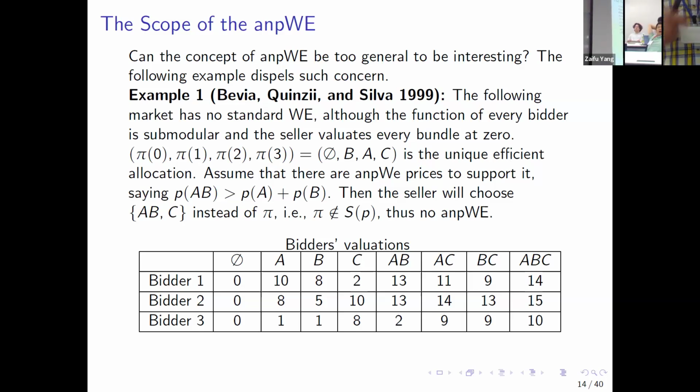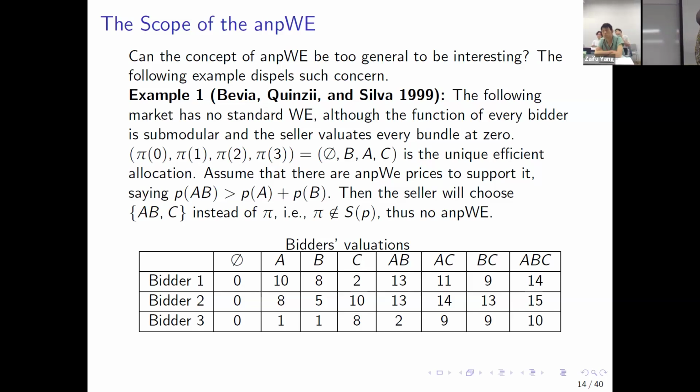So actually, we have an example. This example was due to Vivian, Quincy, Martini, and Silver. In the paper, they try to give a utility function which satisfies gross substitutes and complements.